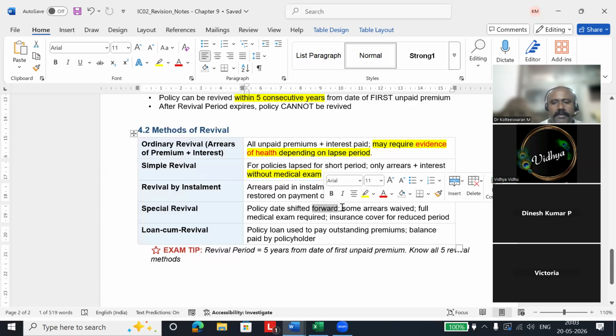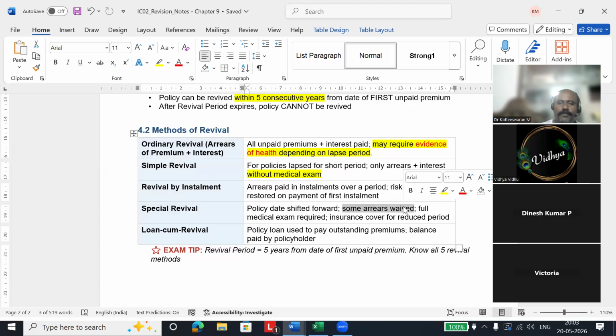The premium in between that got lapsed, no need to pay. You can't pay 4 lakh rupees suddenly, can you? So they are saying, you don't need to pay 4 lakhs, and I'm not asking either. Instead, we'll change the date to the new date, today's date, with reduced period. Instead of a 20 years period, we'll keep a 14 years period. So this is called special revival.